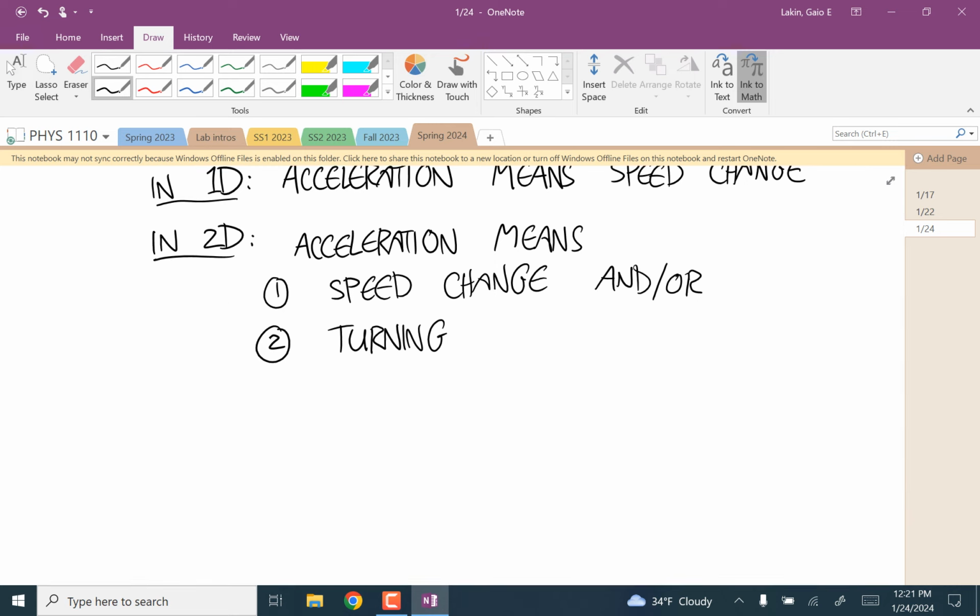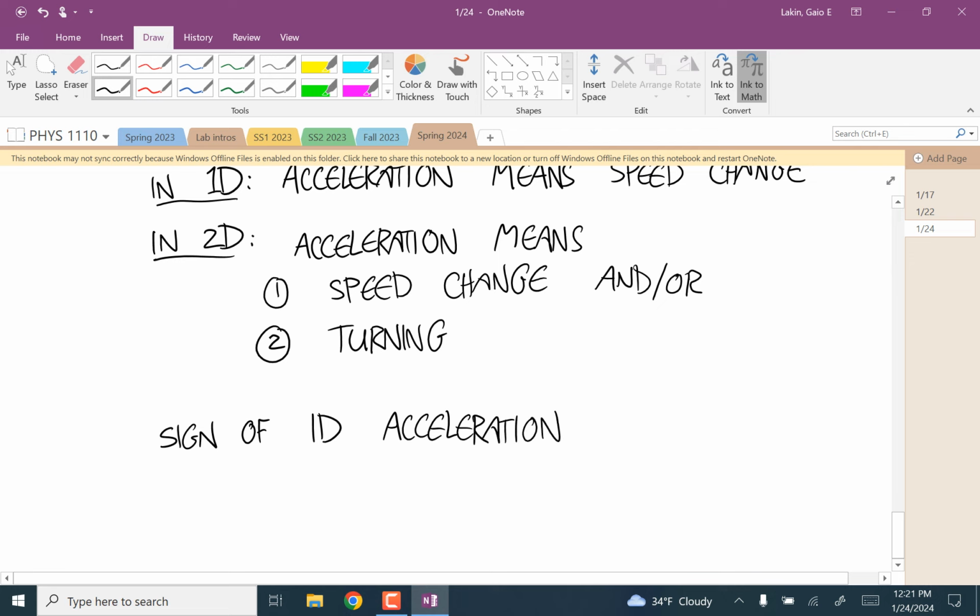For interpreting the sign of the acceleration, it has to do with whether the object is speeding up or slowing down, but probably not the way you would guess.